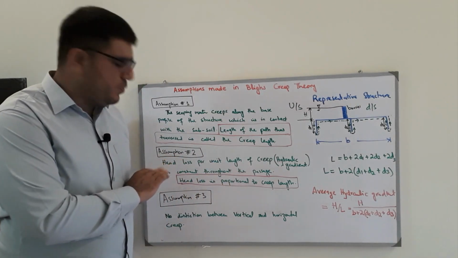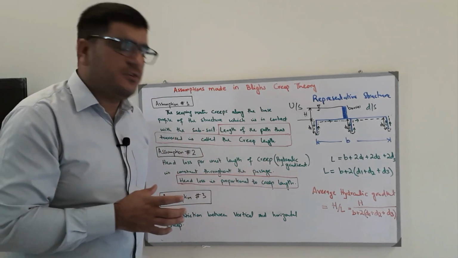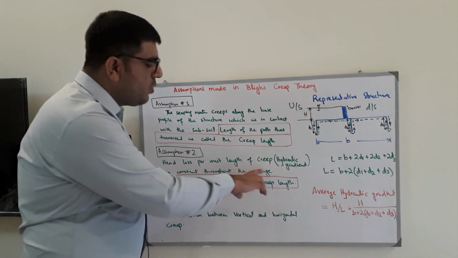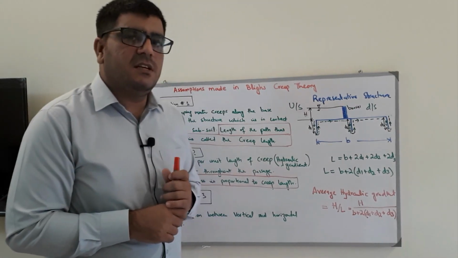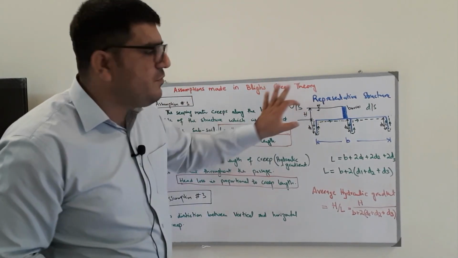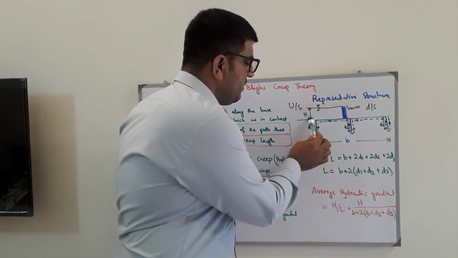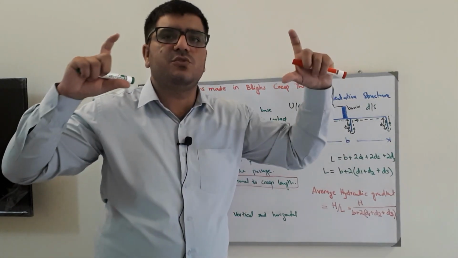Now the assumption number 2. It says the head loss per unit length of the creep, which is basically the hydraulic gradient, is constant throughout the passage. So what is the hydraulic gradient? Let's suppose we want to calculate the hydraulic gradient from this point to this point, then we take the difference of head between these 2 points.